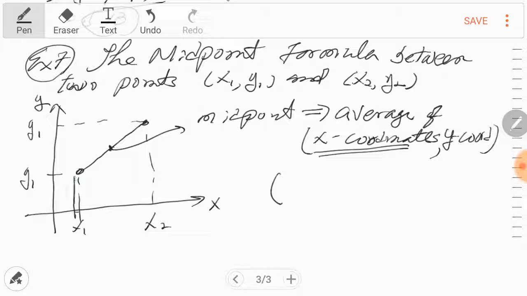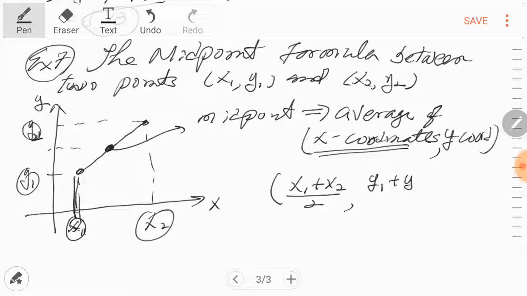So here the x values are x1 and x2. So the average of x1 and x2 is the sum of x1 and x2 divided by 2. And the y coordinate of the midpoint is the average of these 2 y values, y1 and y2. So sum of y1 and y2 divided by 2.